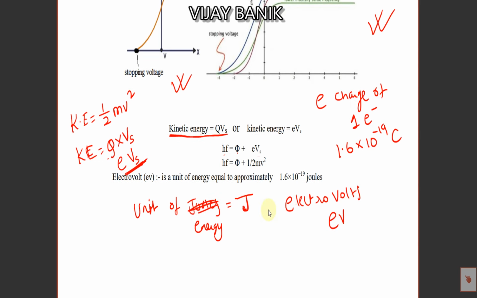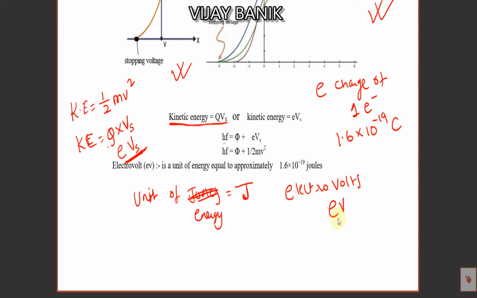What is the meaning of this electrovolt? Electrovolt is the energy an electron has when it goes between two plates with a potential difference of 1 volt. This is the energy it gains. You know, this is positive and this is negative, let's say.